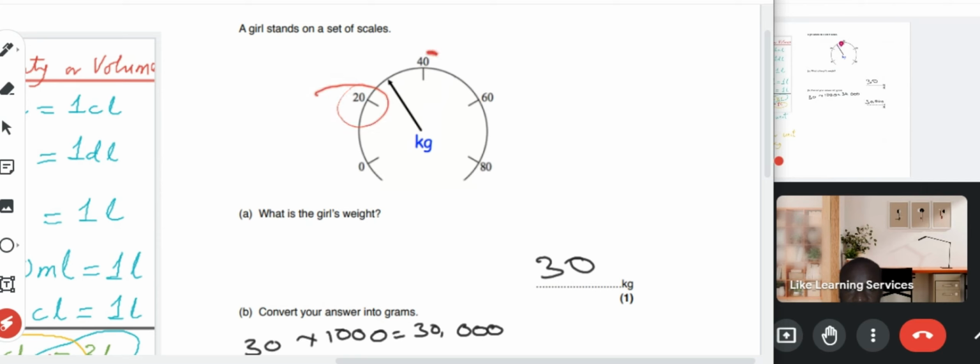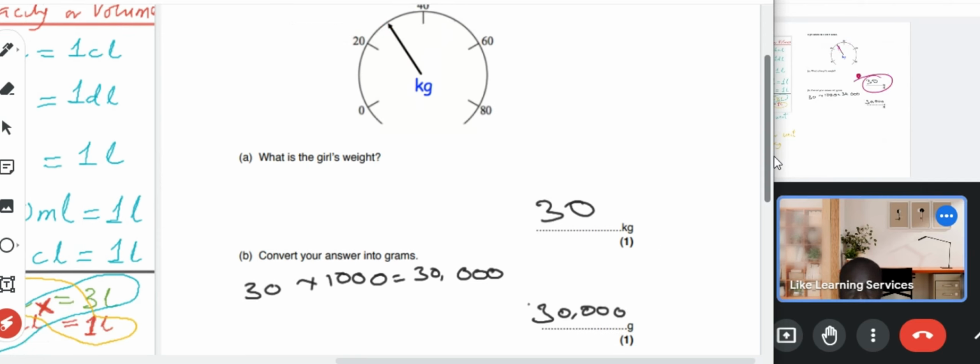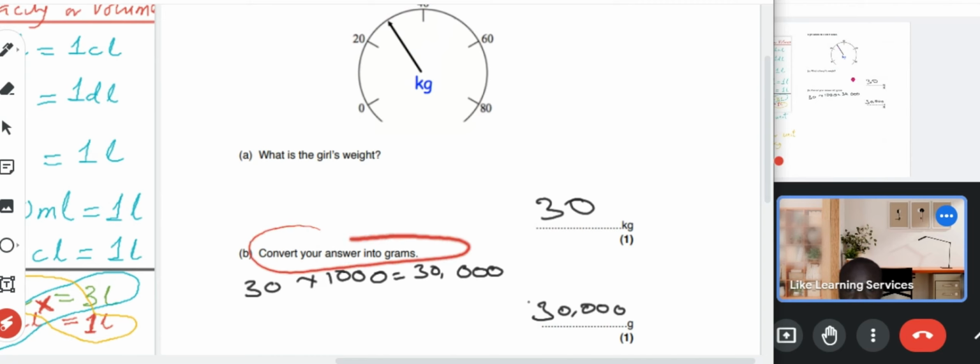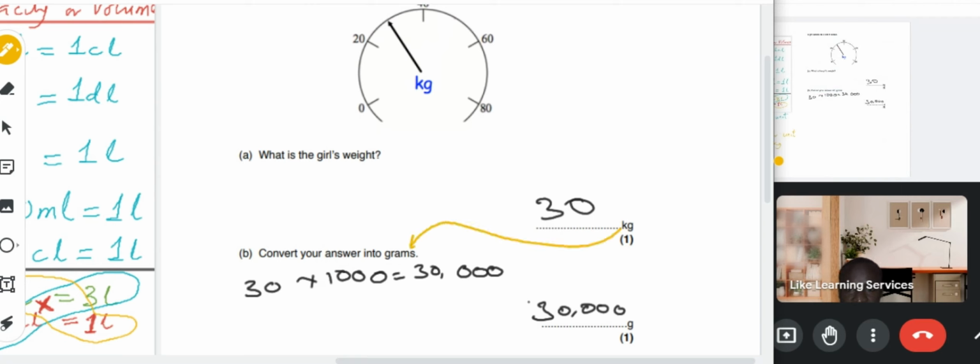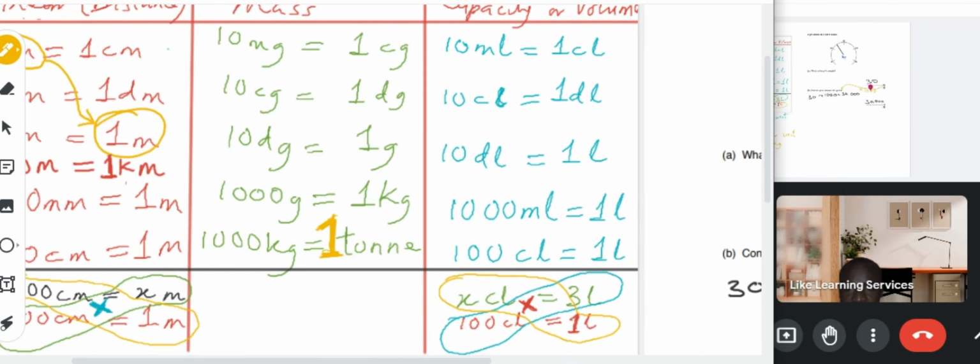This is 20, this is 40, so midpoint must be 30. So you got the 30 kilograms, and you're asked to convert to grams. So kilograms to grams, you multiply by 1000, which is a conversion rate. Kilograms to grams, that's correct.